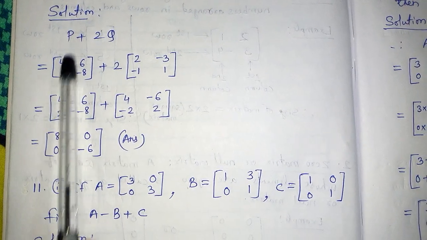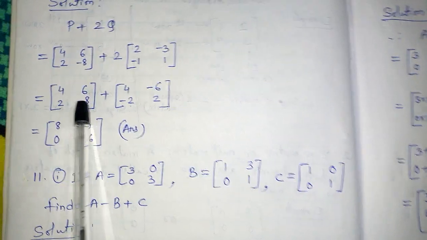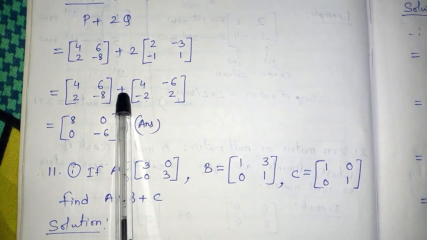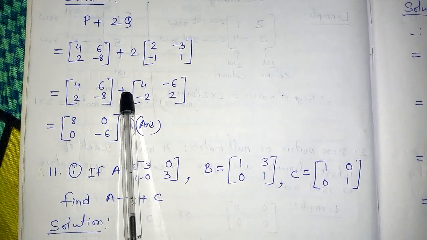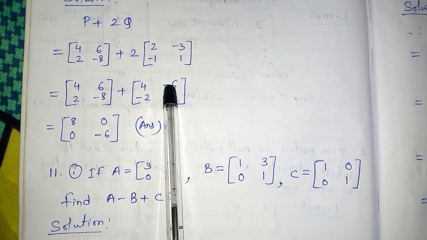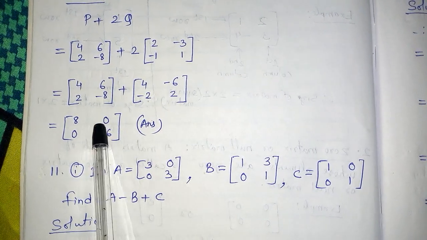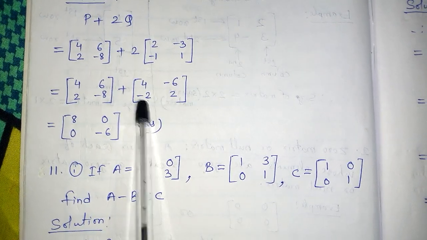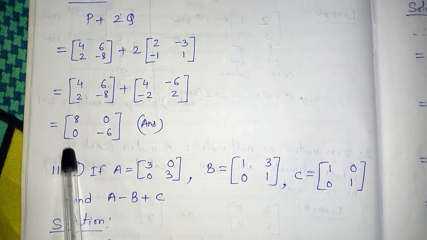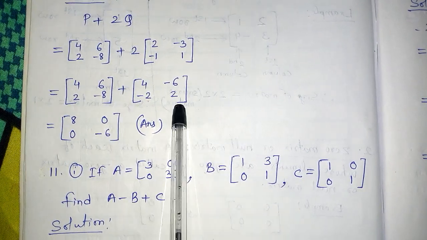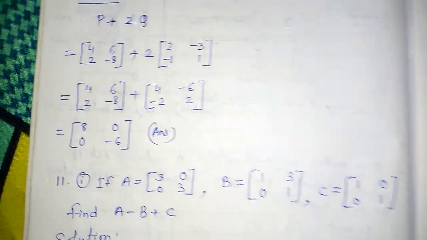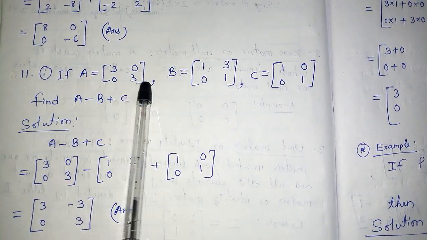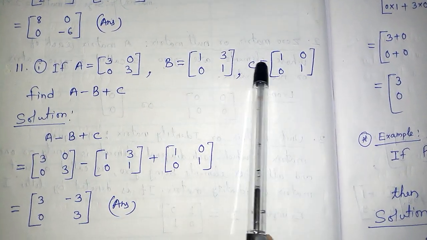Now we add: 4 plus 4 is 8, 6 plus minus 6, plus into minus is minus, 6 minus 6 is 0, 2 minus 2 is 0, and minus 8 plus 2 is minus 6. This is our answer.